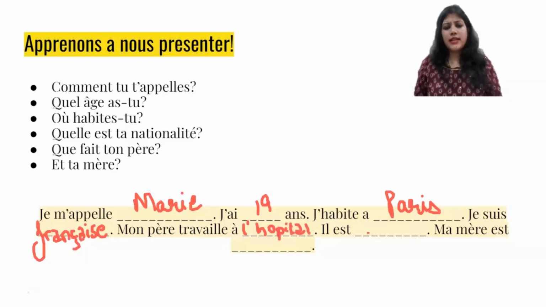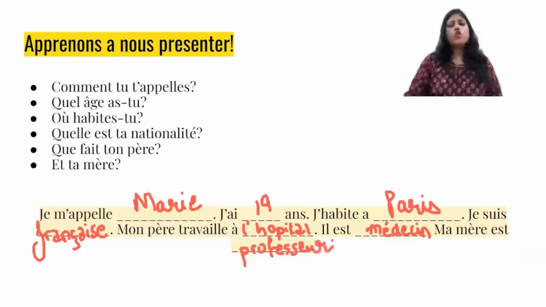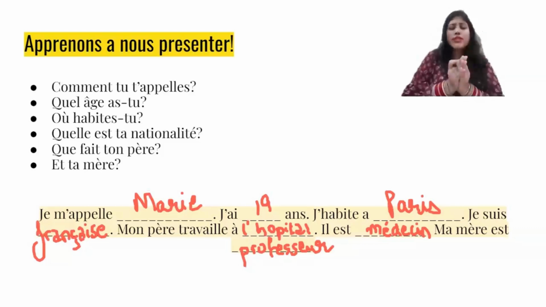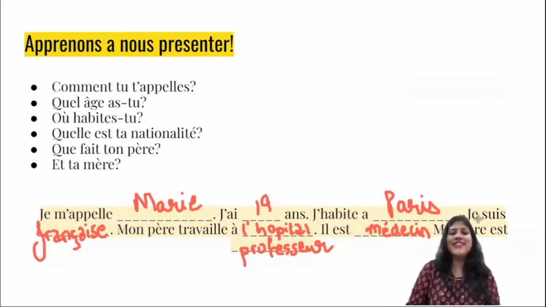Il est médecin. Et ma mère est professeure. So this is how we can present ourselves by simply responding to all these questions in sequence and then creating a paragraph. Okay, so let me be back.